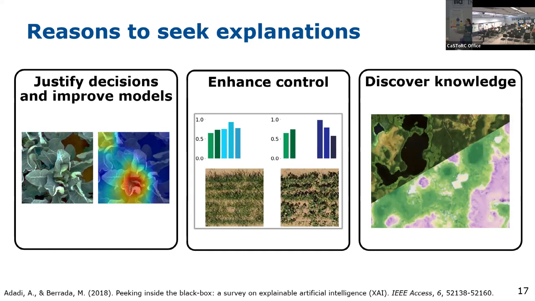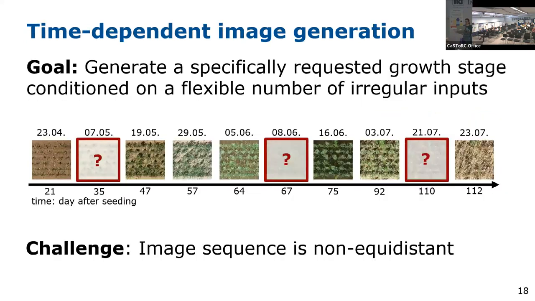Okay, so for the second part, I want to show you some examples when we use generative models. What is useful in agriculture is when we want to know how a plant will develop over time and how it looks in the future, or more generally, how a plant or a plot looks at specific points in time.